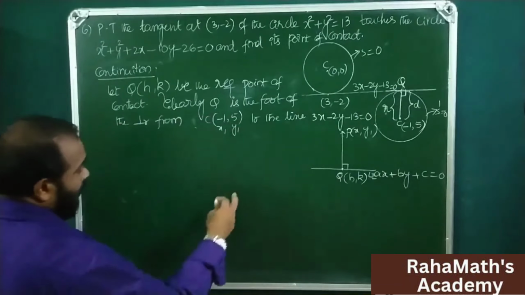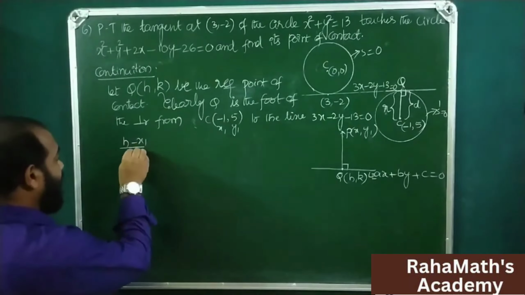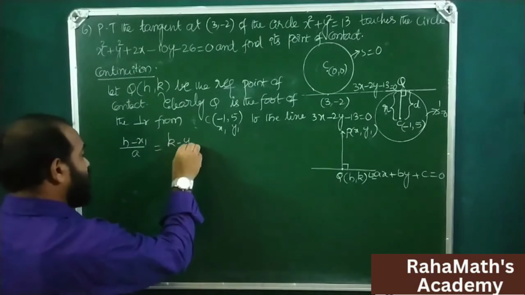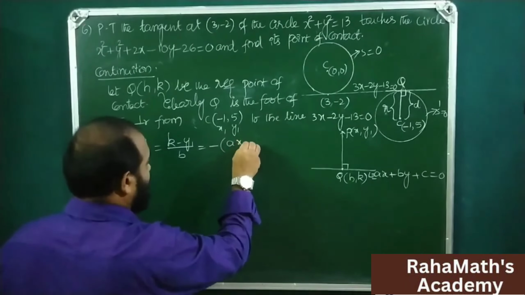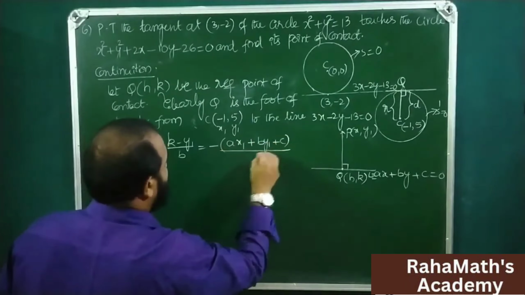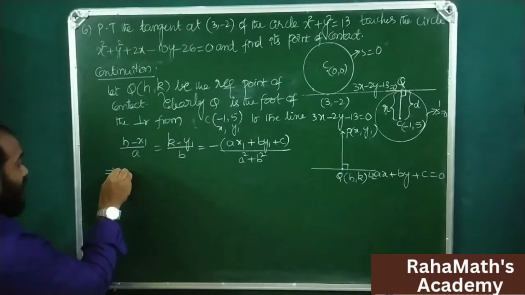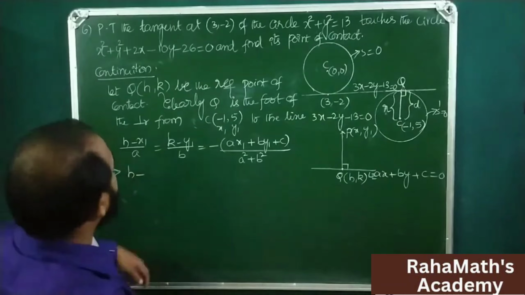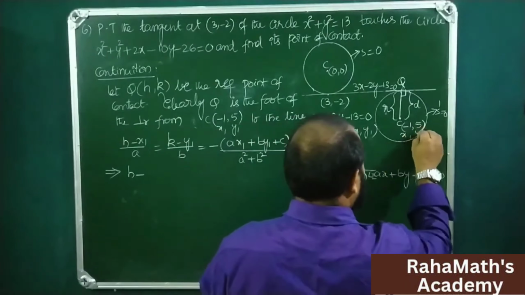The foot of the perpendicular formula is (h - x1)/a = (k - y1)/b = minus (ax1 + by1 + c) divided by (a squared plus b squared).